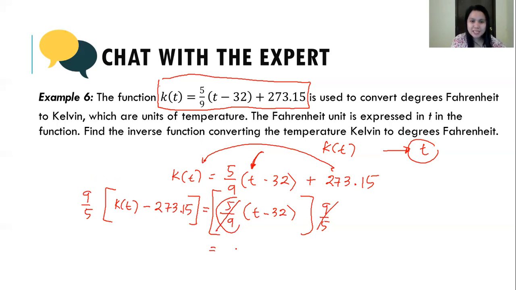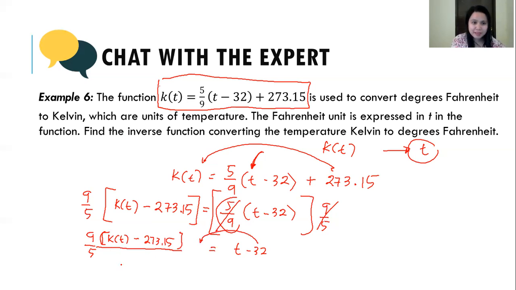So we now have t minus 32. The other side is 9 over 5 times k of t minus 273.15, all over 5. Then we're almost done. t alone, transfer 32 to the other side.